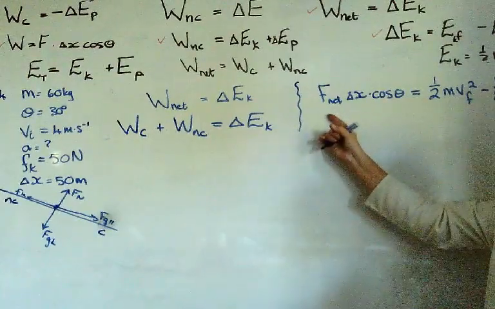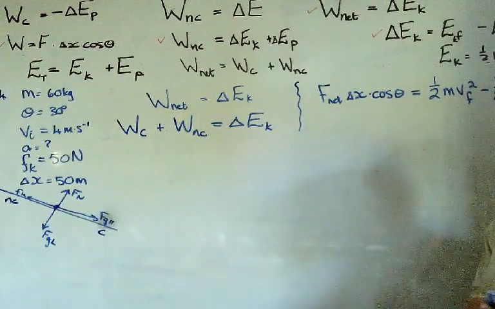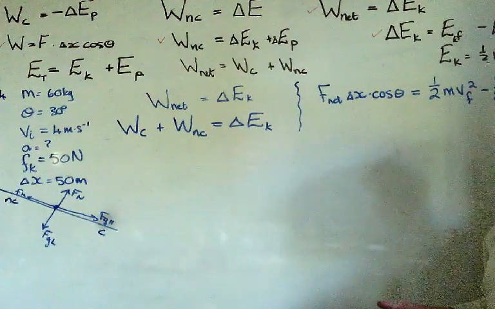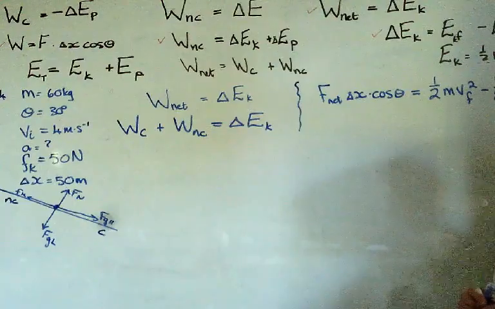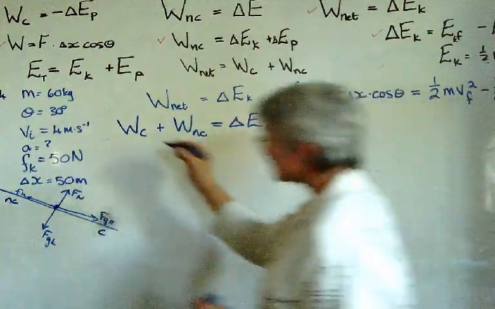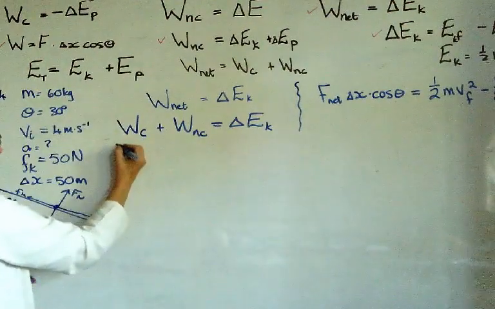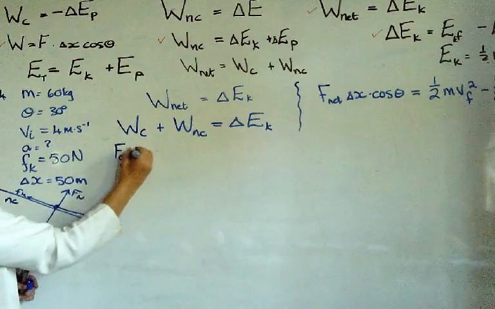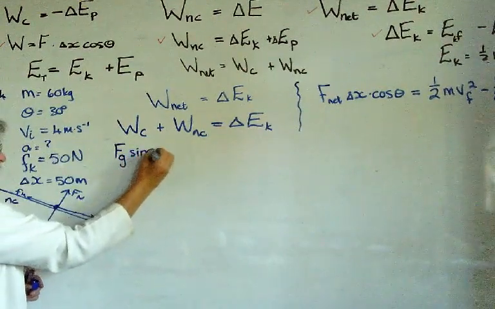So WC would be the FG parallel, so it's FG sine theta. Do I have this angle? Oh, we have the angle, so that is not a problem.